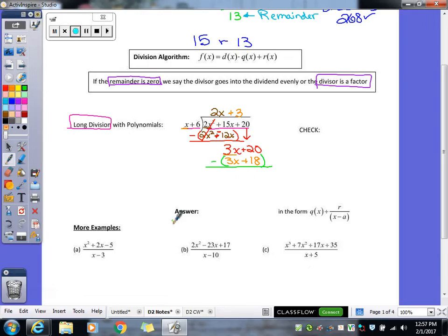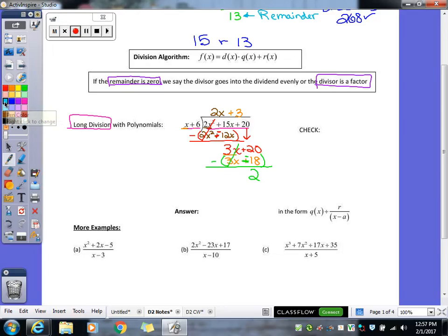So we got to subtract that. So our x's cancel. This 18 becomes negative, so 20 minus 18 gives us a 2. And there's no way to make a 6 into a 2, so that's where we stop. So we have a remainder of 2.